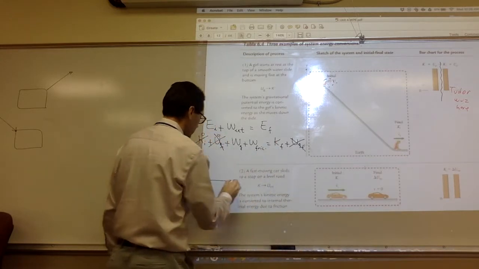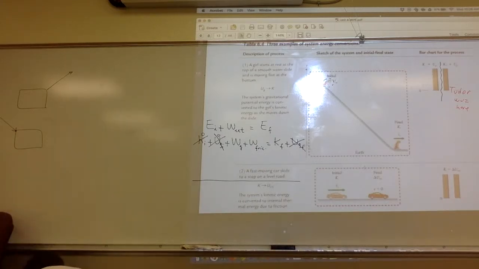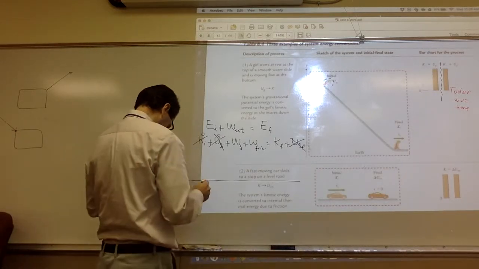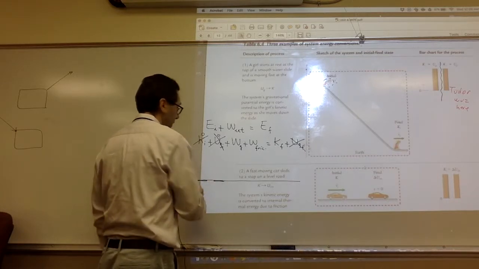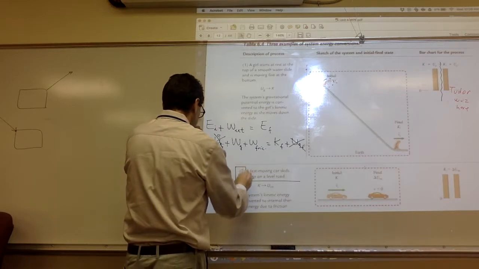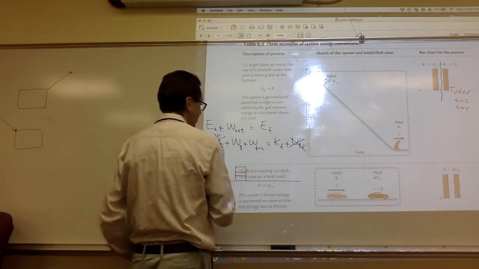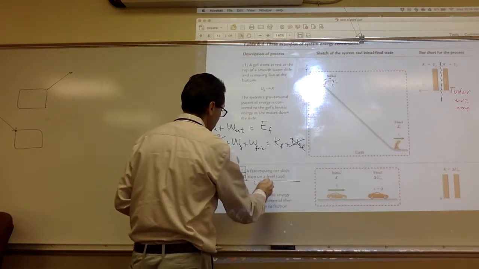So let's see if we can draw a chart. Well, this is nothing. Cannot even talk about this concept. The work done by gravity has to be positive, so let's make it 3 bars. Work done by friction is negative, so let's just give it 1 bar.